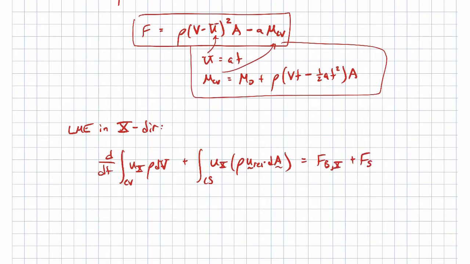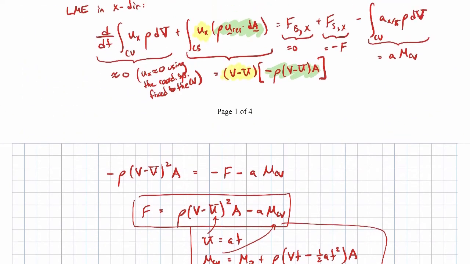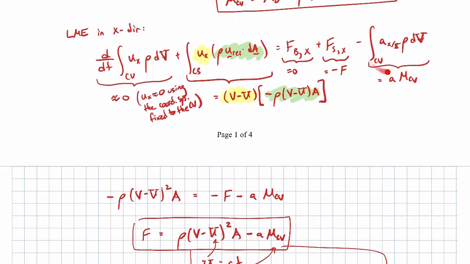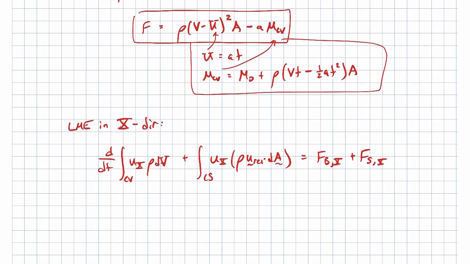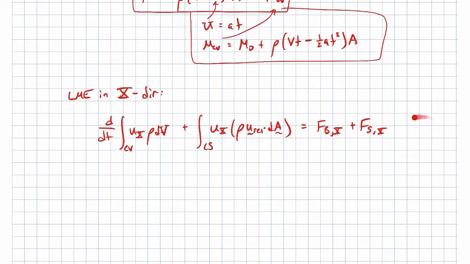And when we use that coordinate system, we don't have the acceleration term. Up here we had this acceleration term because we were using an accelerating coordinate system. Here our coordinate system is fixed, so we don't have the acceleration term for the coordinate system. So we don't have to worry about that.